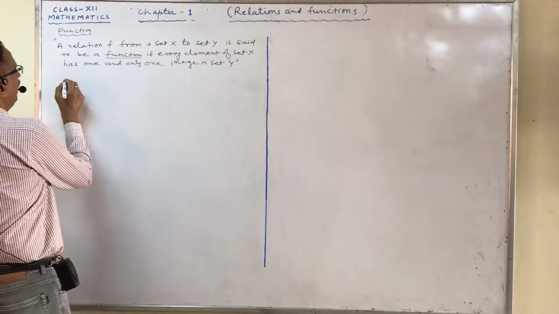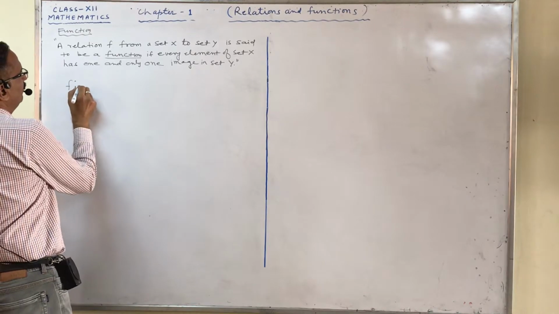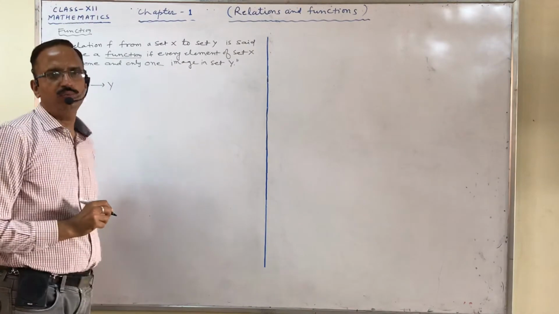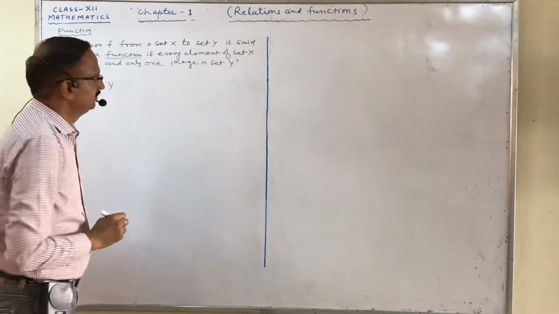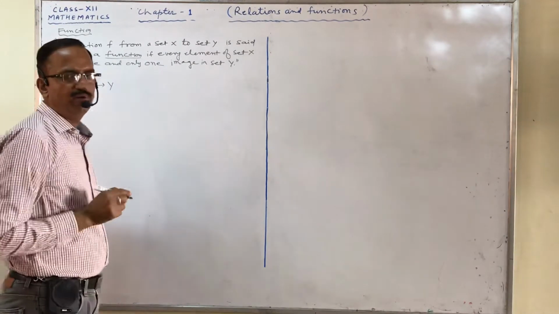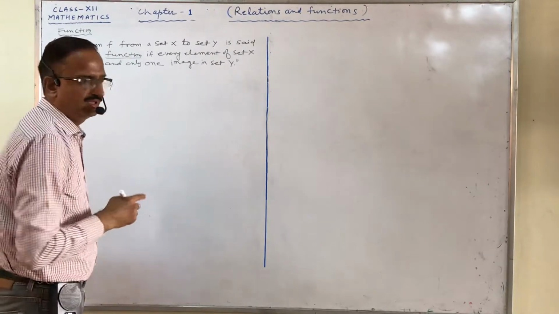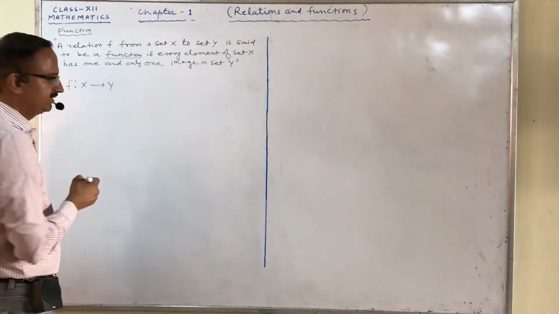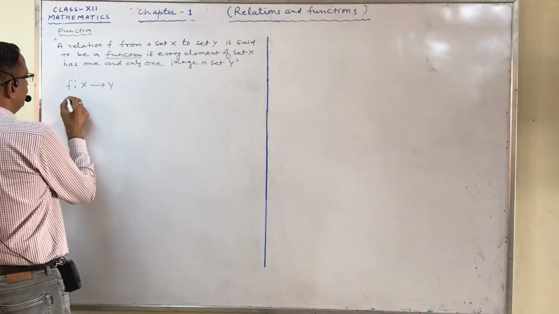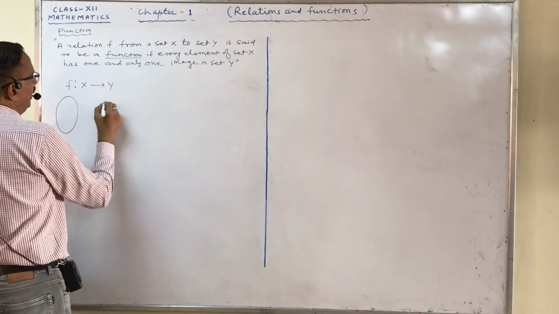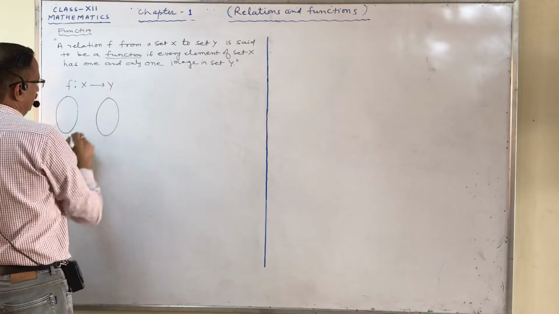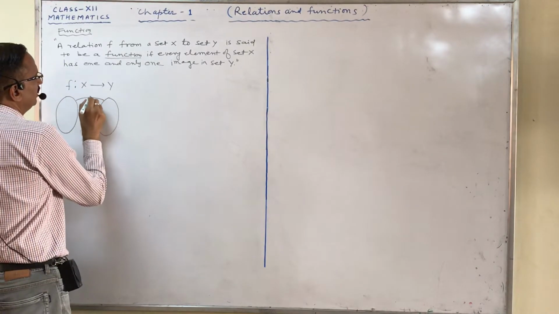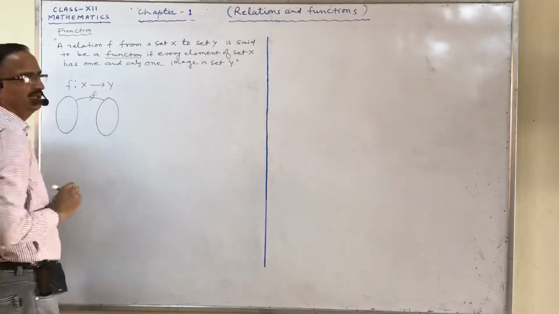Suppose f is a relation from set x to set y in the form of ray diagram. We can express this in three different ways. First, suppose this is x, this one is y, and this is relation f.